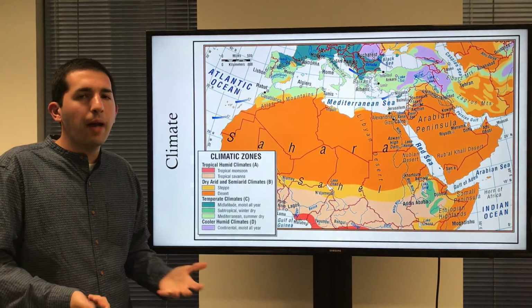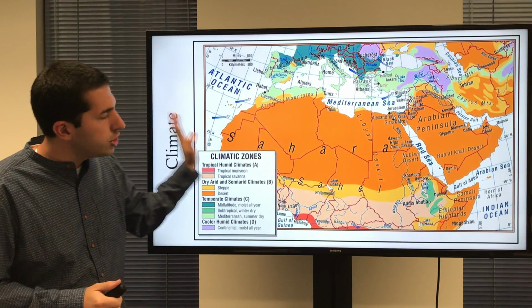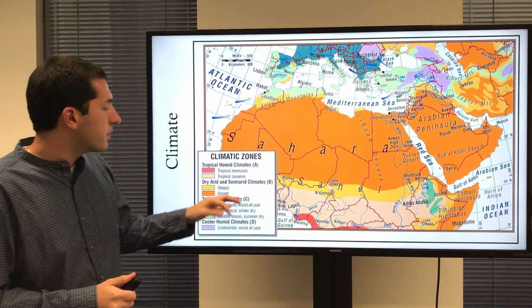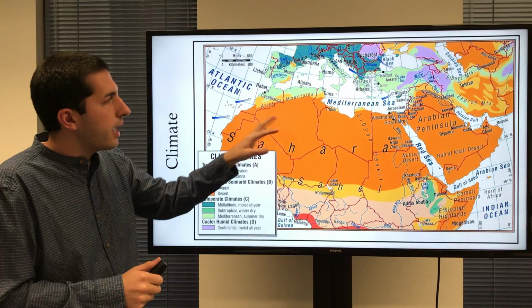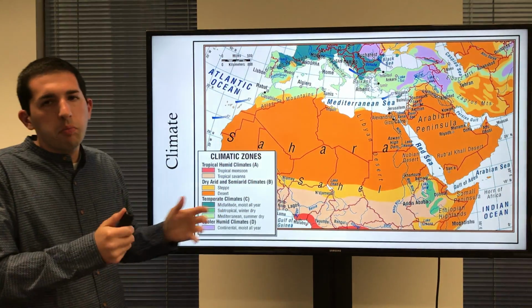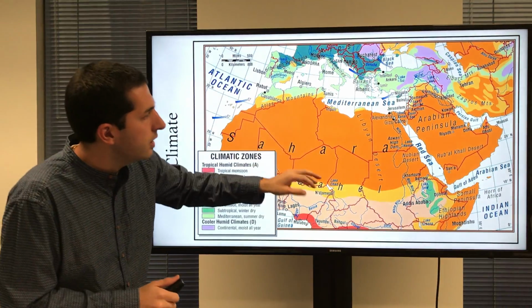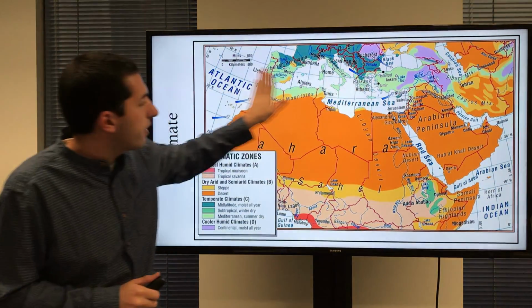Just think of a milder climate type than the huge swath of desert and steppe, and a little bit of continental climate in Turkey and northern Iran. And again, the Mediterranean sweeps this entire area.